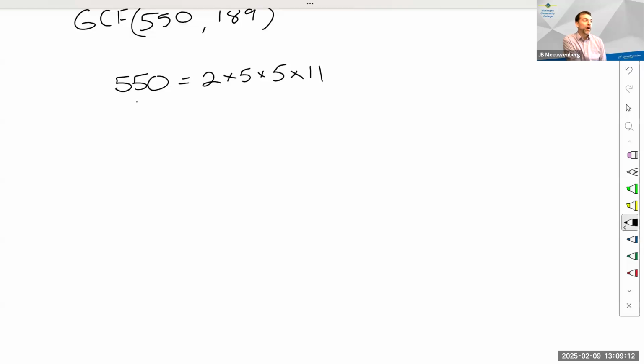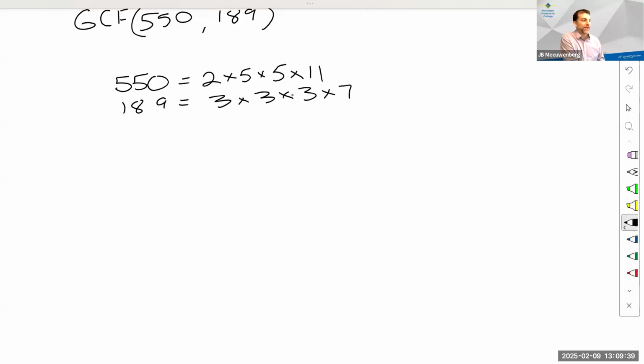The number 189 has a prime factorization of 3 times 3 times 3 times 7. Now, I know I didn't write those stacked like I have been. That can sometimes be a little tricky when you start to get all your spacing. You saw in the previous problem, right? I didn't do a great job of keeping them spaced. It's okay. You can just do it like this and then examine, right?